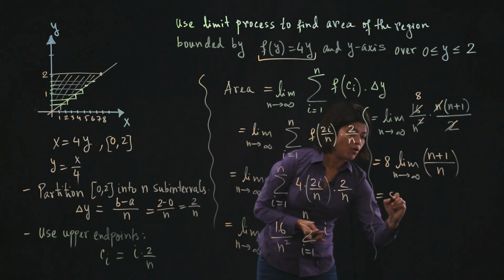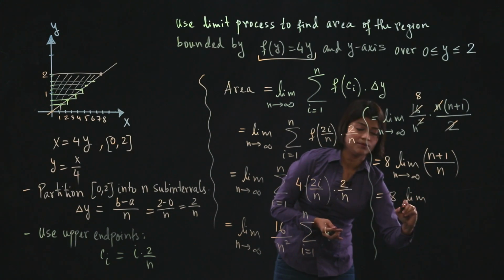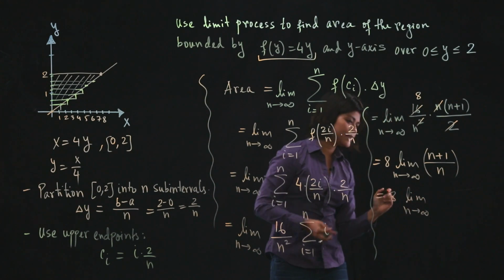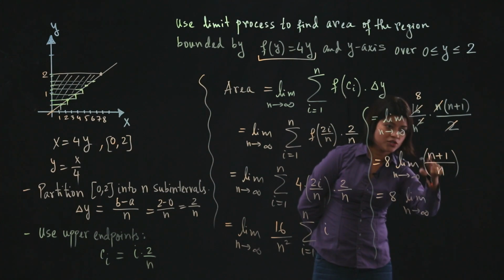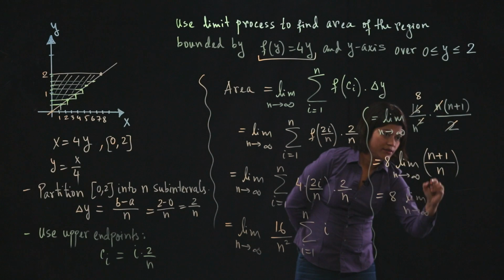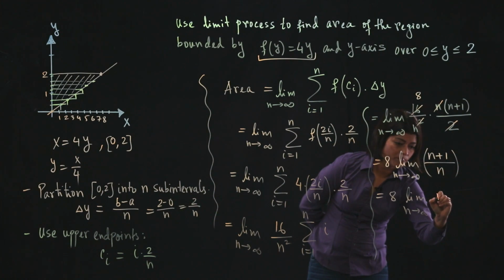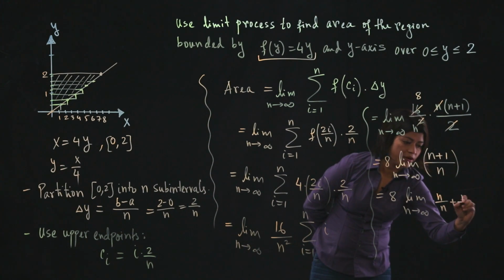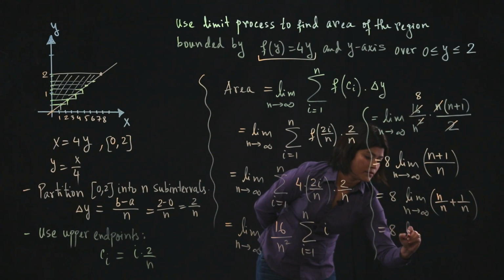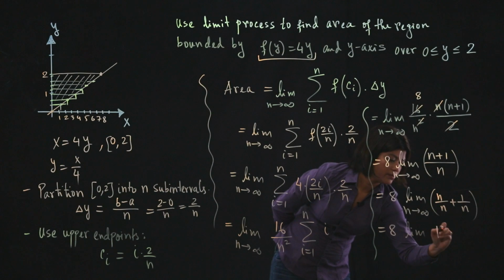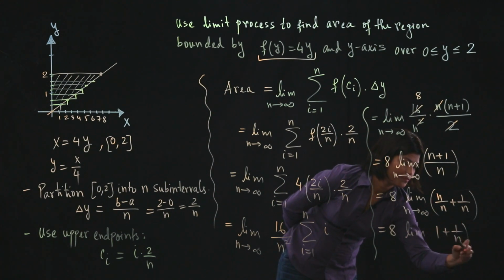We can do one more step and then evaluate the limit. Notice that you are dividing these two terms, n and 1, by n, so you can divide them separately: n over n plus 1 over n. n over n is 1, plus 1 over n.